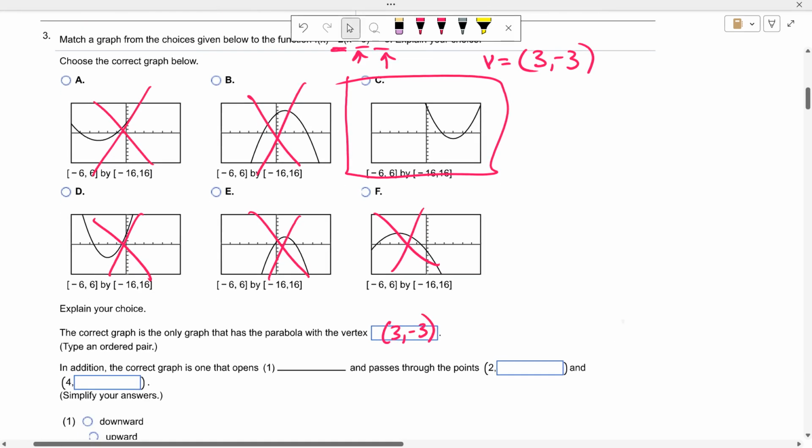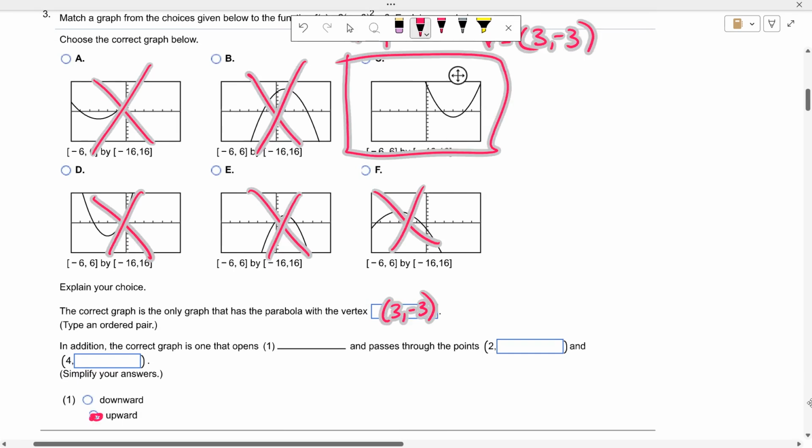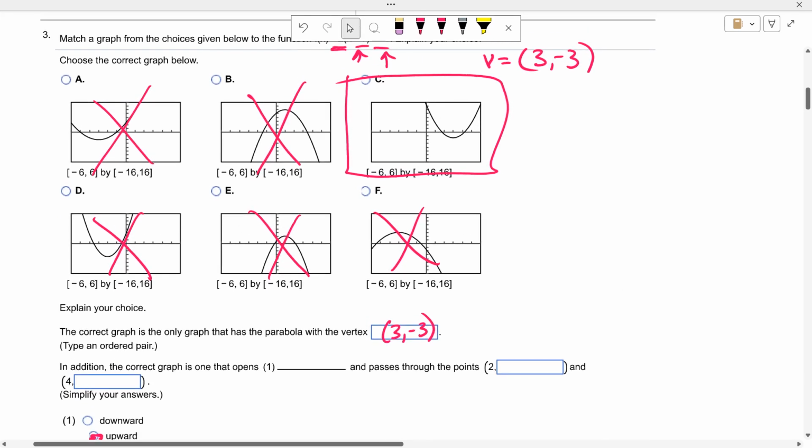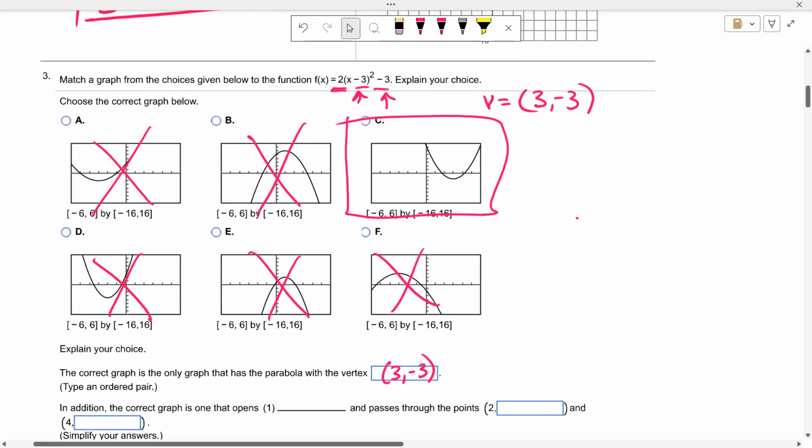It opens upward. What are the x-intercepts? Well, it looks like it passes through the points 2 something and 4 something. So they just want you to put a 2 in here. 2 times 2 minus 3 squared minus 3. 2 times -1 squared is 1 minus 3. 2 minus 3 is -1.